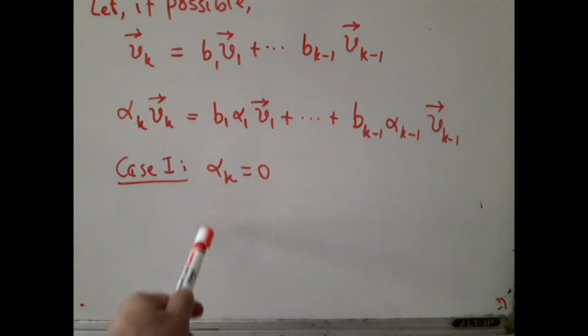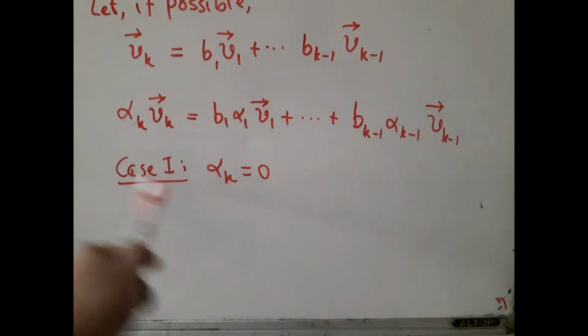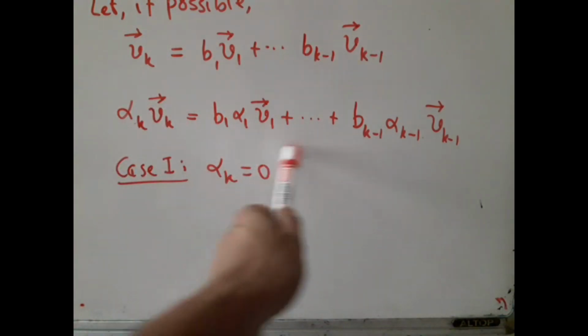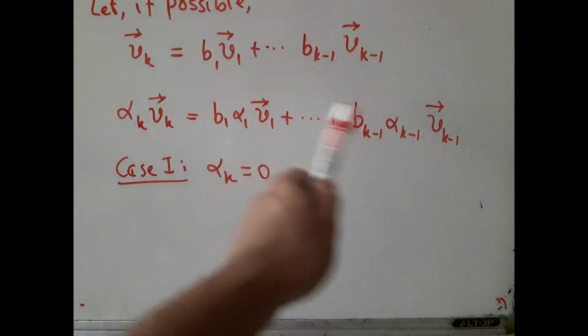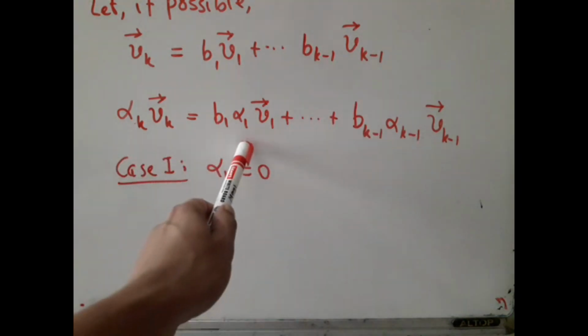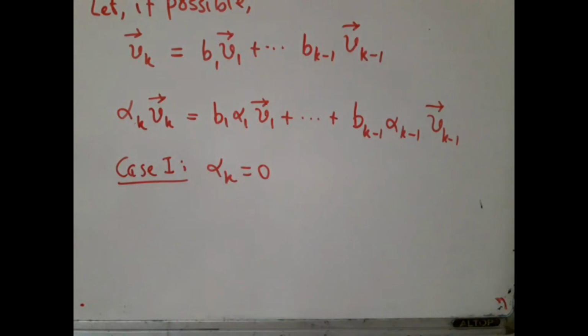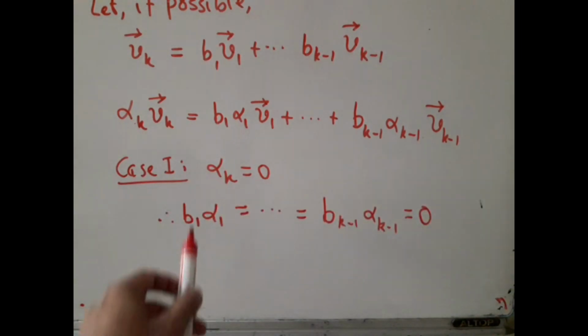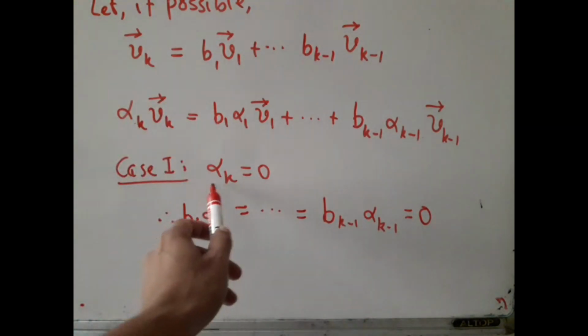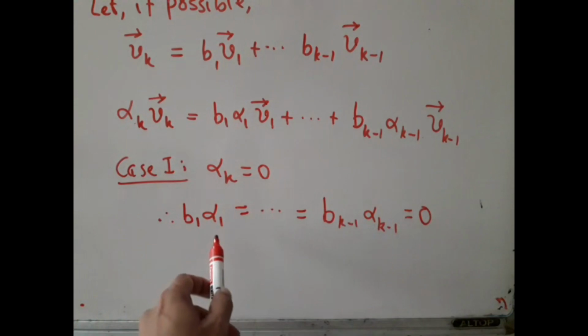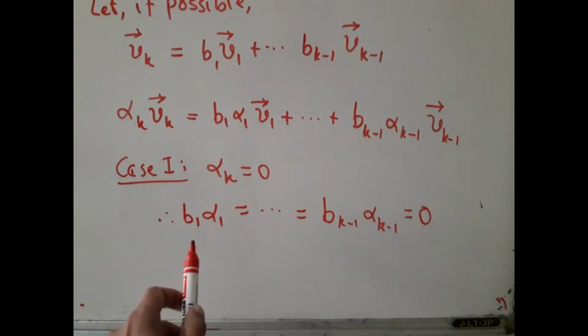If alpha k is equal to 0, then this side is 0. Now we know by assumption that V1 to Vk minus 1 are linearly independent. So a linear combination of them being equal to 0 forces all these coefficients to be 0. Now observe that all the alpha i's were given to be distinct and alpha k is equal to 0, which means none of the other alphas can be equal to 0.